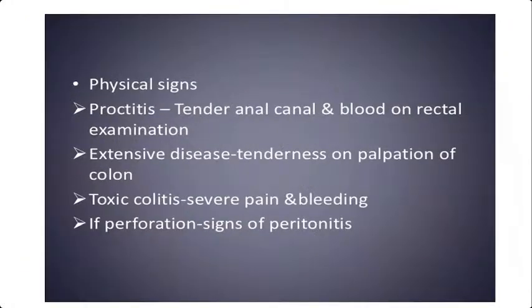Physically, with proctitis, the anal canal is tender, and there is blood on the examining finger if you do a digital rectal exam. With extensive disease, there is tenderness on palpation of the colon.